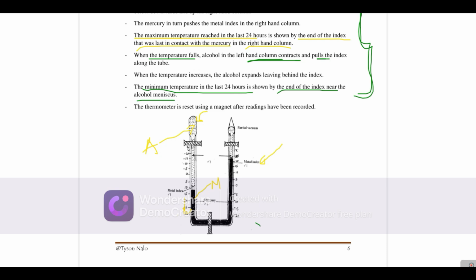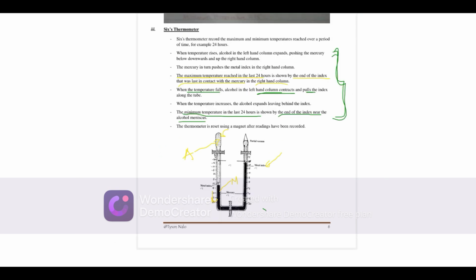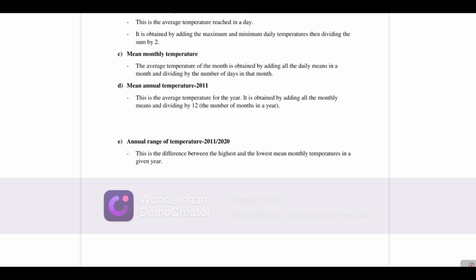Okay, so let's now move to something else. We want now to look at the temperature readings.